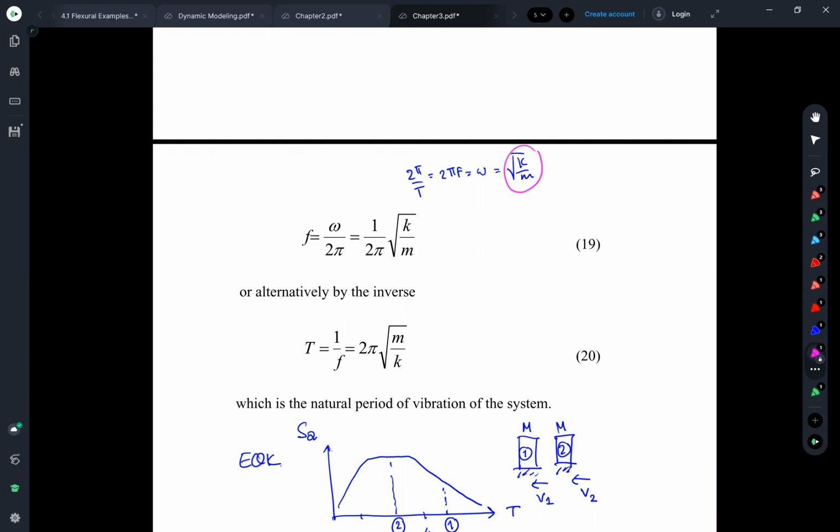At this moment, I ask you to at least feel the frequency, feel the period of the structure. At least in your mind or your understanding, you should be able to forecast whether the frequency or the period of your system, buildings or structure will change when you change the mass or the stiffness.